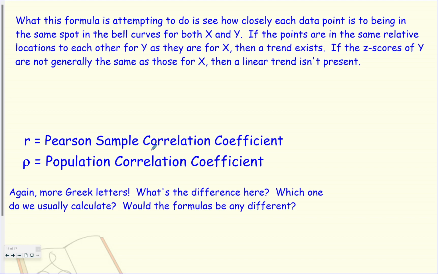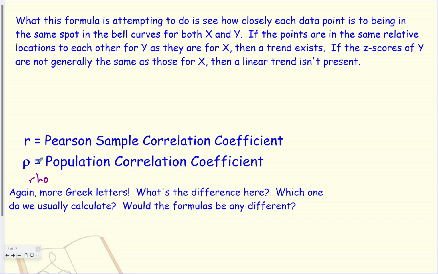Once again, you won't see this that often, but for R, it's a sample correlation coefficient because we take a sample of data. But this Greek letter, which is actually the Greek letter rho, the R-sounding Greek, is the population correlation coefficient. If we knew the correlation for the entire population, we would use that.